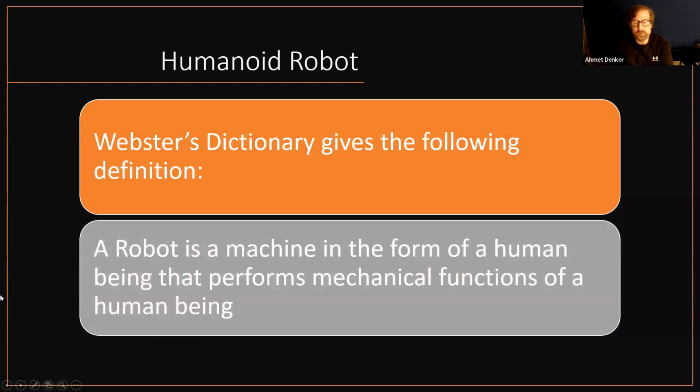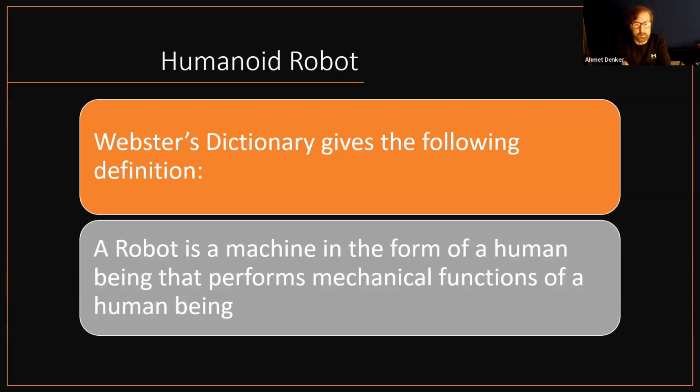Okay, humanoid robot. Let's look at Webster's dictionary, which gives the following definition: a robot is a machine in the form of a human being that performs mechanical functions of a human being. Webster's dictionary is not actually giving the definition of a robot, but of a humanoid robot. What is the difference of a humanoid robot from a robot?